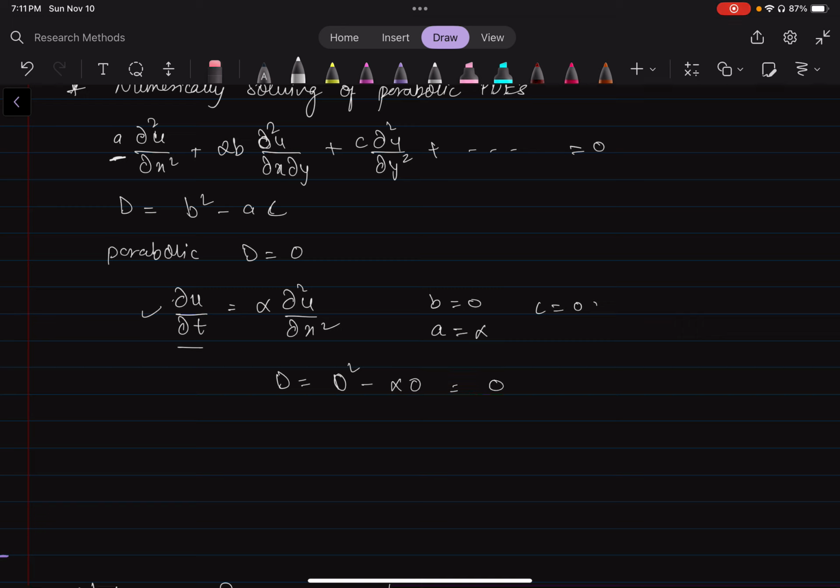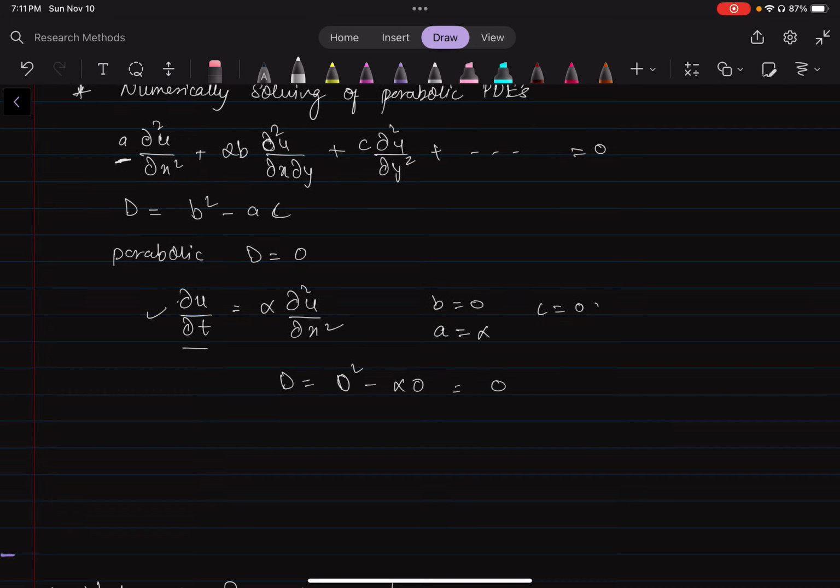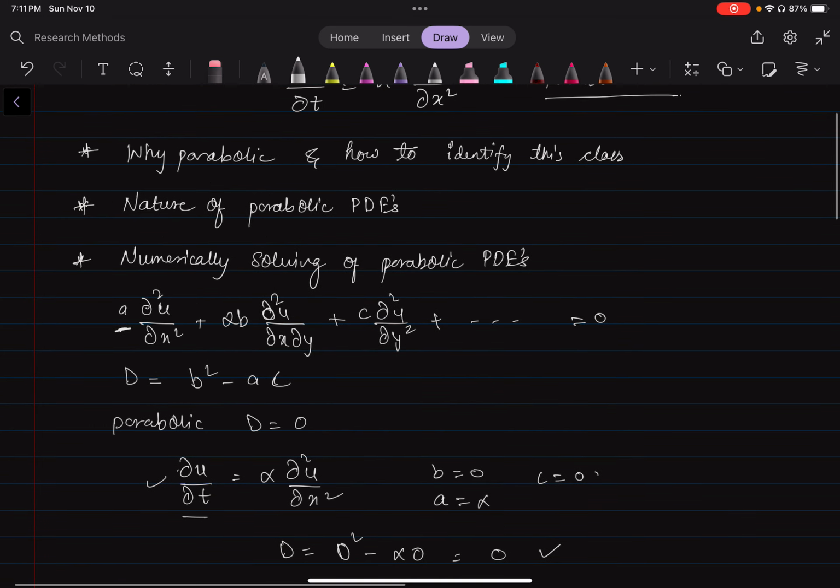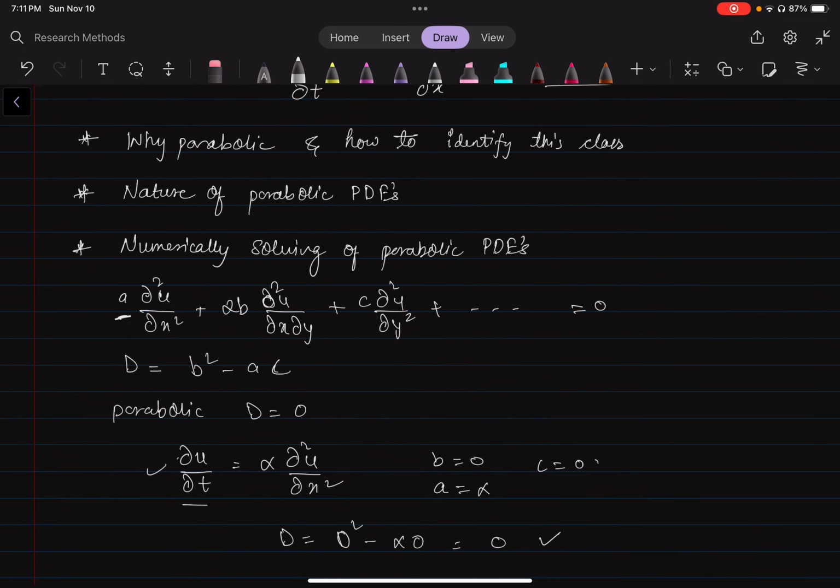So the class of PDEs which have this discriminant as 0 are said to be parabolic equations, parabolic PDEs.